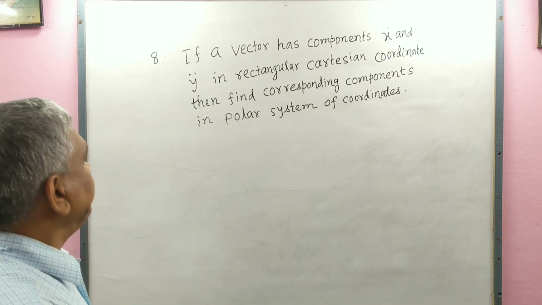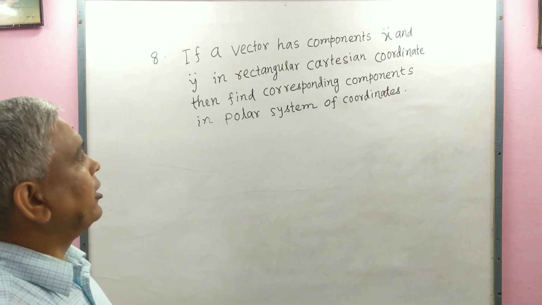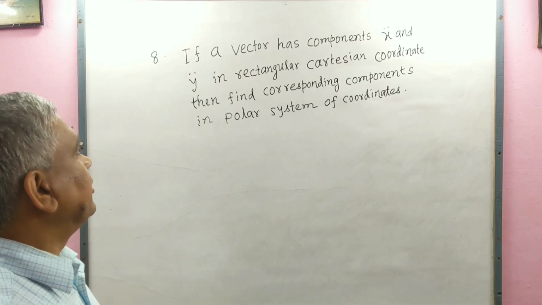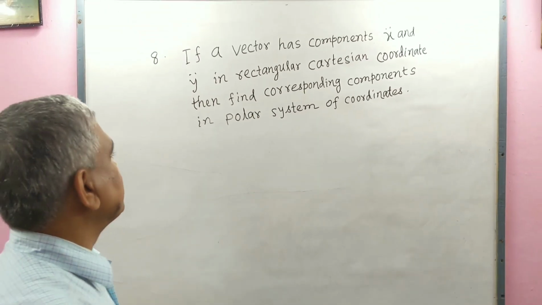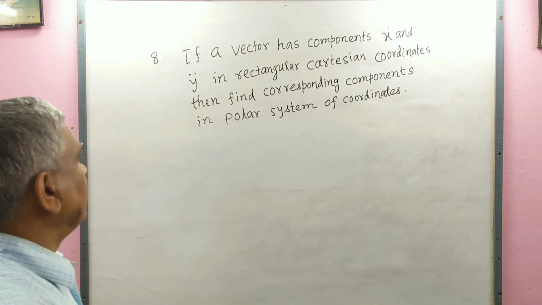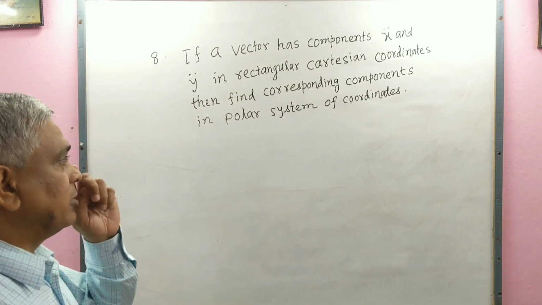In this problem, if a vector has components x double dot and y double dot in rectangular Cartesian coordinates, then find the corresponding components in the polar system of coordinates.